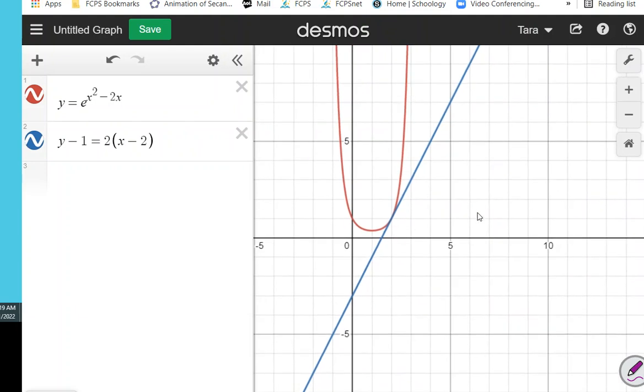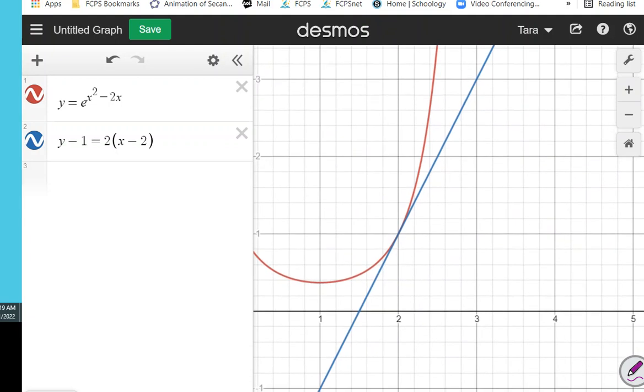I should always see something that looks like this, where I have the original function curve, and then wherever I've drawn the tangent line, it should just be kissing that curve, and you should be able to identify that they intersect. And Desmos does that really nicely for you, because when you click on it, it lights up the point. Hey, 2, 1 is the point where they connect. And that's the only point where they connect.